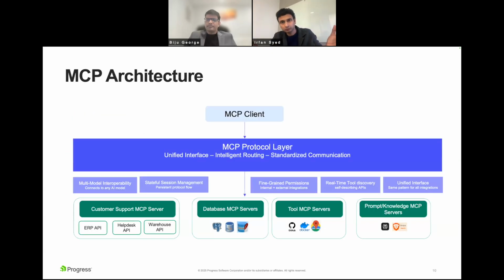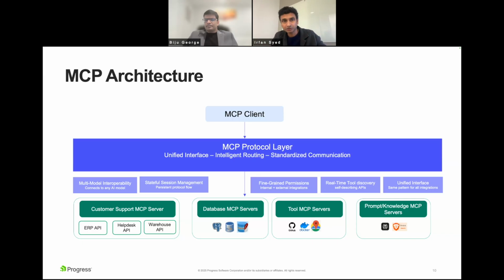Now, if you look at the MCP client with the same approach, with the same use case that I was mentioning before, all we need here is an MCP client and the MCP protocol layer in between. That's it, which provides a unified interface, intelligent routing, standard communication, and the ability to straight away talk with the downstream MCP servers if they're exposed as MCP servers.